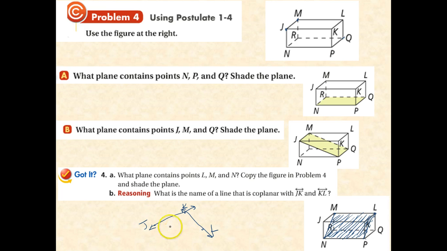What is a line that's coplanar with them? Line JL would be coplanar with them, because these 3 points make one specific plane. So line JL is coplanar with those 2 lines.